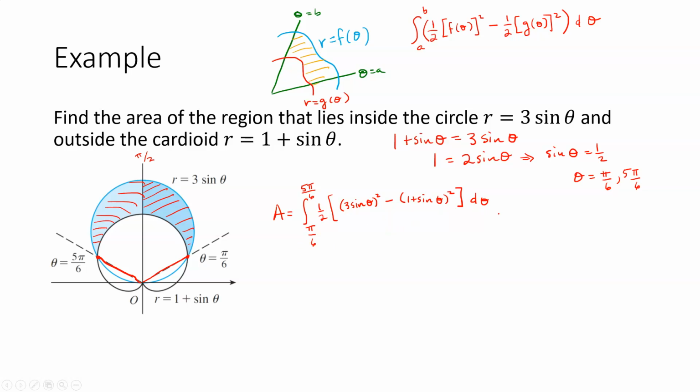So that's going to give us the area. Let's work it out. We'll do a little bit of simplifying first. When I square each of these out, we get 9 sine squared theta minus 1 plus 2 sine theta plus sine squared theta.